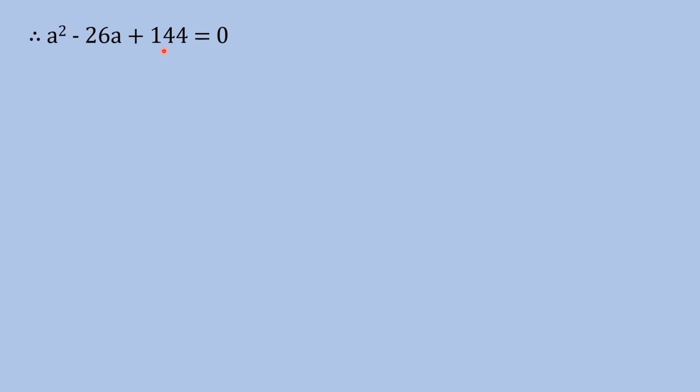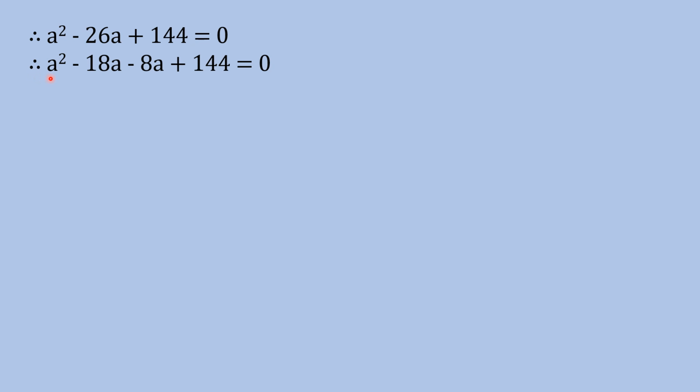So I'll split it in such a way that the two numbers I get will satisfy my middle term. 144 means 12 into 12, but if you add, you will not get 26, you get 24. So we cannot take 12 into 12. I'll be taking 18 into 8. 18 eights are also 144. So we'll take 18 into 8.